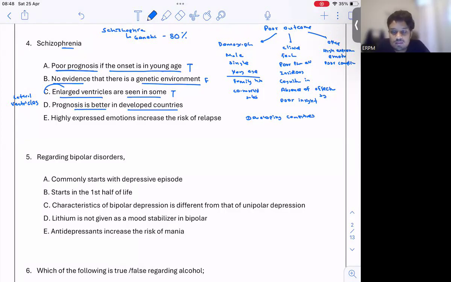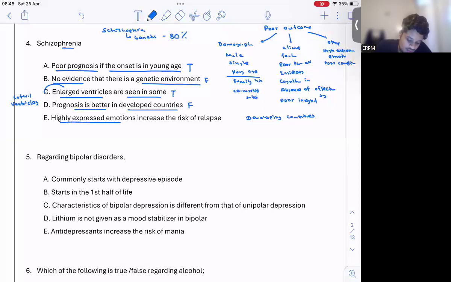Because in developing countries, there's usually a strong family support system, right? And there's less social isolation compared to developed countries. Right? So therefore, you see better prognosis with most of the psychiatric disorders in developing countries. Okay, so that is false.